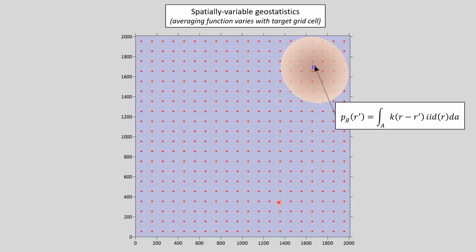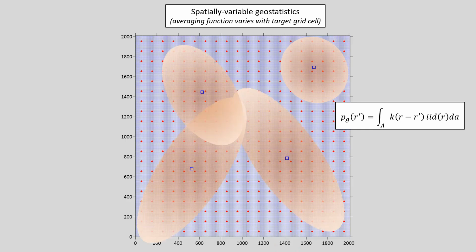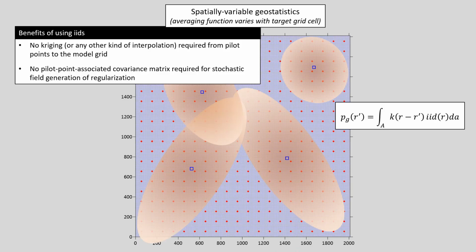And this is done by having a different kernel operative in different parts of the model domain. This kernel can be continuously variable in all the different cells which occupy the model domain. Collectively then, I do my spatial integration and end up with a spatially correlated hydraulic property field. Now the benefits of doing things this way, there's a couple. Firstly, I do not have to undertake spatial interpolation from the pilot points to the model grid.